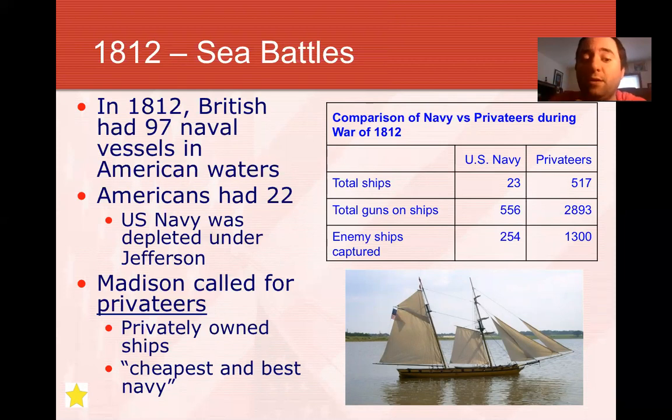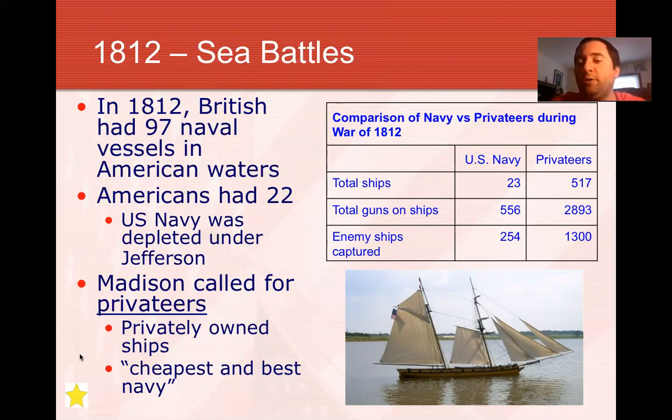Privateers are privately owned ships. This is going to, number one, bring more ships to help the United States improve the Navy here. It is your best option right now. And it's also going to be cost efficient, to say the least.